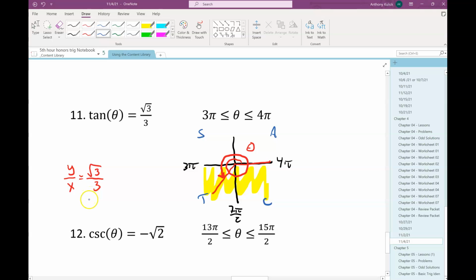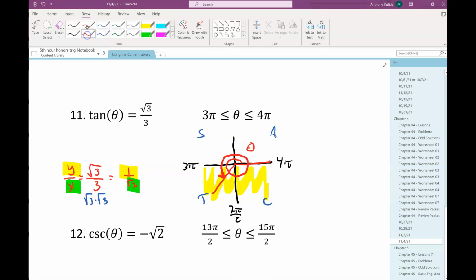So what I'm going to do is I'm just going to reduce this. I know that regular 3 is the same thing as √3 times √3. So that can just reduce down to 1 over √3. So what I'm going to look for is a place where the y coordinate has a 1 in it and the x coordinate has a √3 in it.